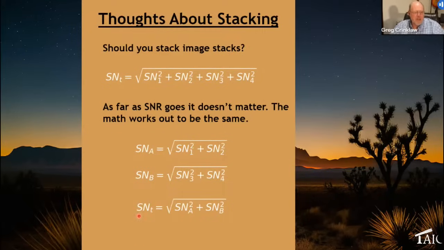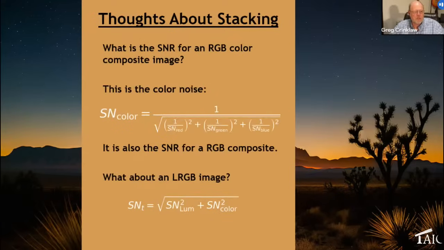If you do the math, these 2 numbers work out to be exactly the same. Now, in practice, it's not going to be exactly the same, especially for small numbers of images. But for large numbers of images, it's going to be more or less the same answer. So yes, you can go ahead and stack more than one stack of images together, and you're going to get pretty much the same answer as if you stacked them all from the start.